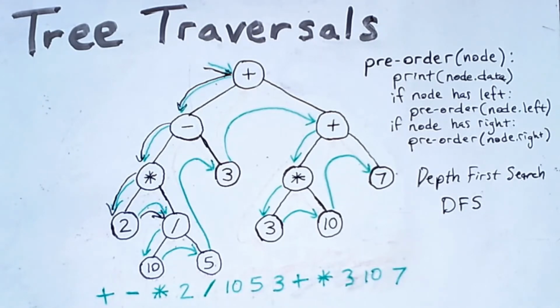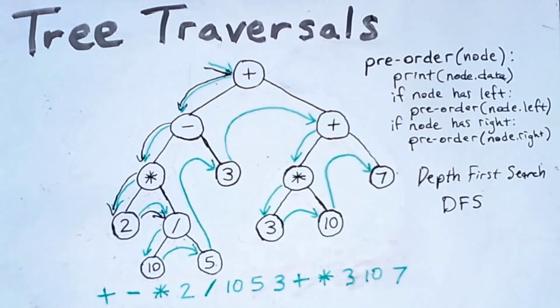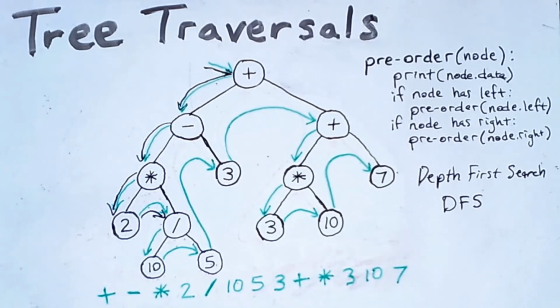But essentially, preorder traversal is an example of depth-first search. Depth-first search itself is a bit more broad, and once again, we typically terminate as soon as we find the thing we're looking for, but you can think of preorder traversal as being an example of depth-first search.